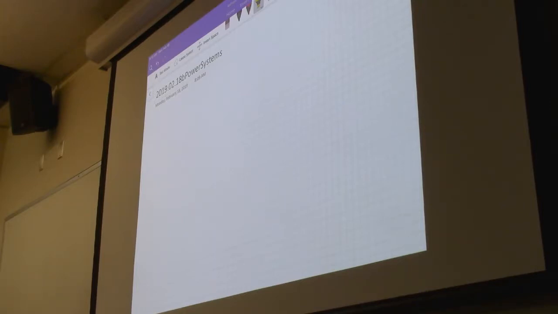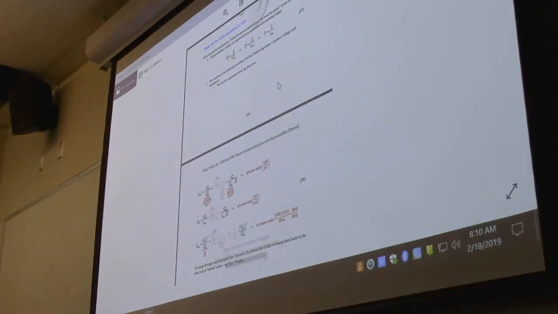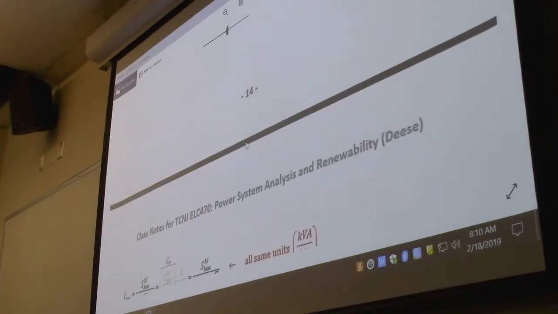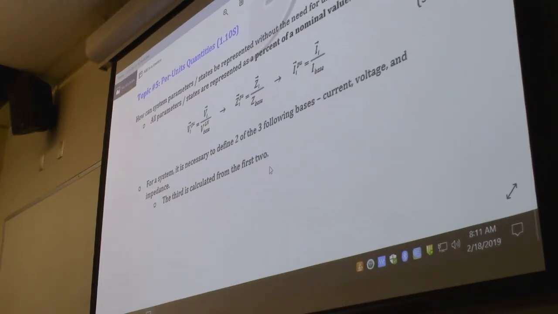Okay, per unit analysis. There are certain topics, this is from the old set of notes, where there's really no advantage to rewriting what's already been written.